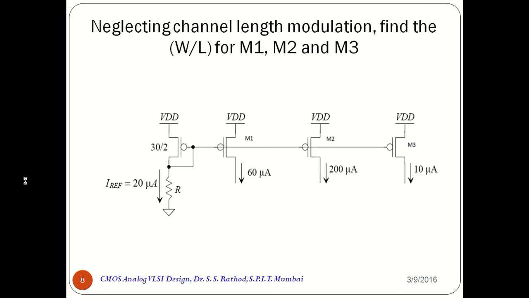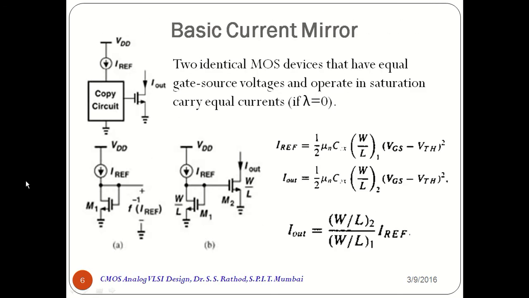That is, in this figure, VDS1 is equal to VGS1 is equal to VGS2. But VDS2 may not be equal to VGS2 because of the circuitry fed by M2.